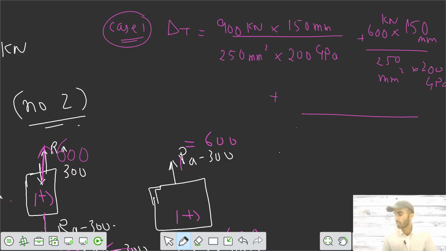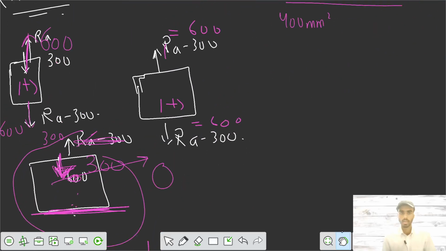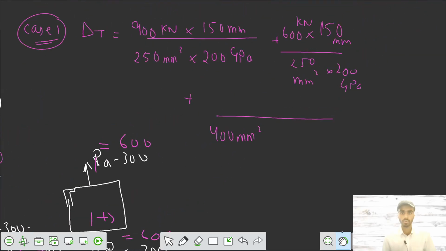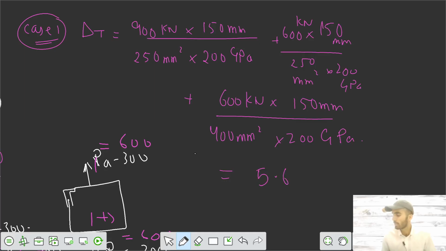Your area comes out to be 400 mm square, and the net force acting in this third part is your 600 kilonewton, length constant at 150 mm, and 200 gigapascal. Then you calculate total deflection, total displacement. That comes out to be 5.625 mm.